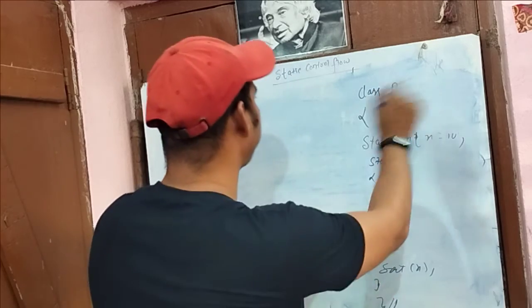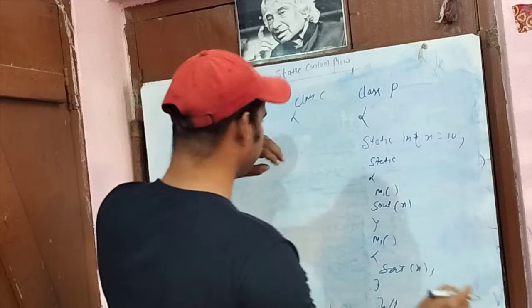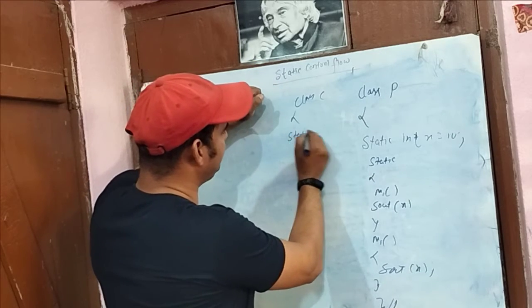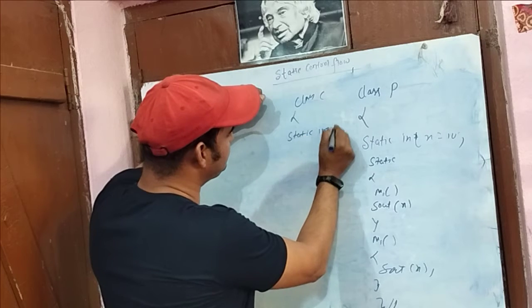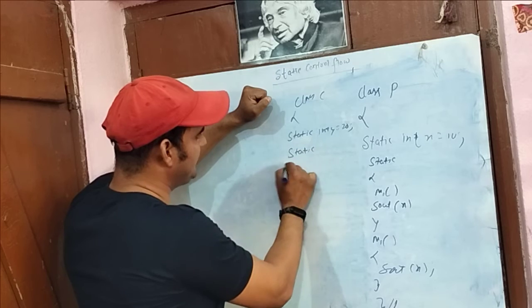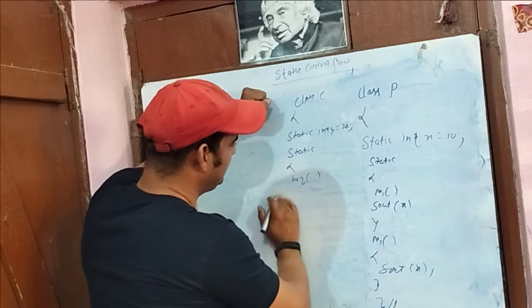Now let's suppose this is a child class, and inside the child class we also have a static variable, static int y is equal to 20, and we have a static block, and inside this block we have called m2.